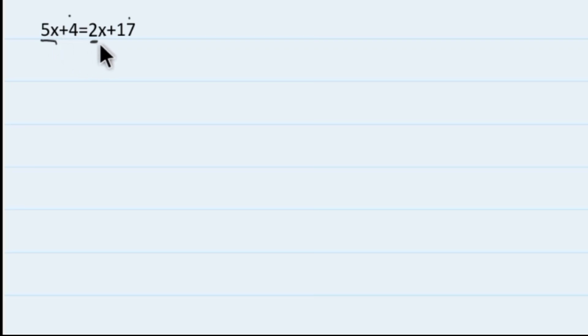For this, we need 2x on the left hand side, while we need 4 on the right hand side. So we simply take 2x to the left hand side.